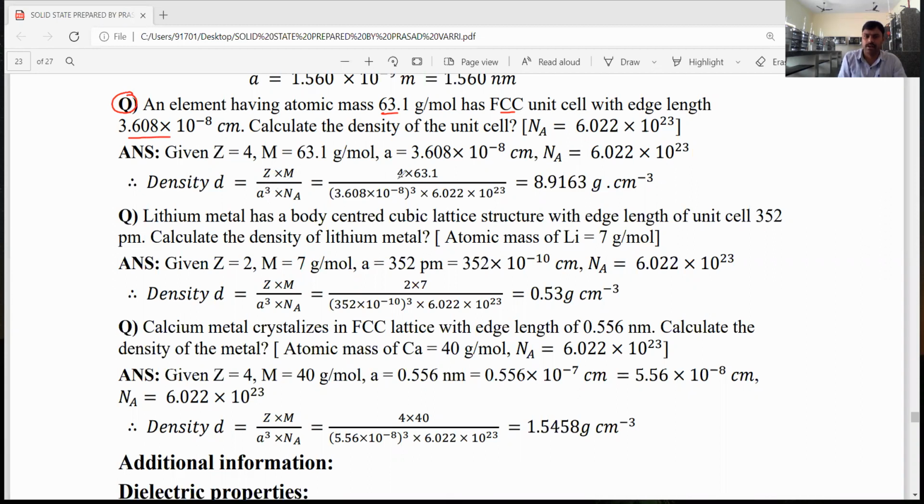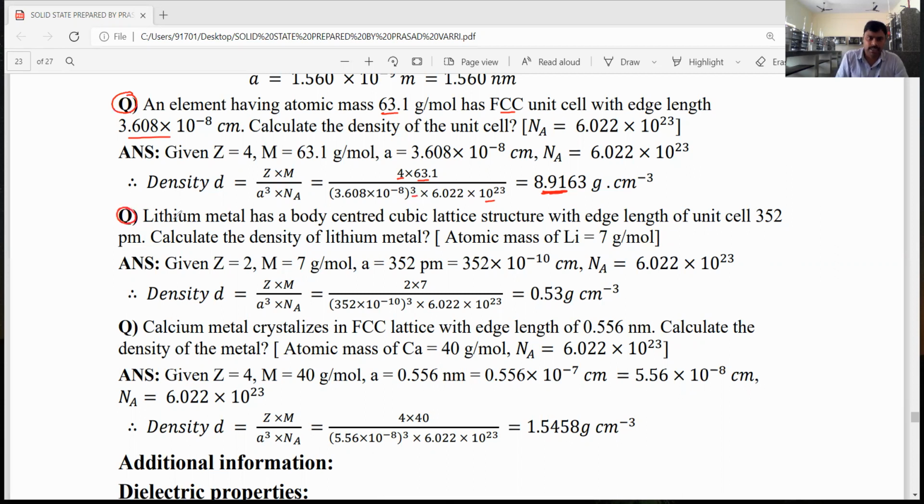Z is 4, M value is 63.1, and a edge length is 3.608 into 10 to the power of minus 8, whole cube, into 6.02 into 10 to the power of 23. On simplification, the density of the FCC unit cell is equal to 8.963 gram per centimeter cube.